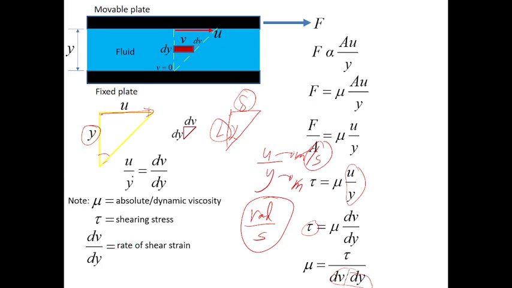So, shear strain, kasi ang gamma na to ay strain. Shear strain yan. Tapos rate, kasi nagdi-depend sa time. No? Nagdi-depend sa time. Okay? Anong unit ng dV? Meter per second, halimbawa. dy, meter. So, nagdi-depend sa time. Kaya rate of shear strain.